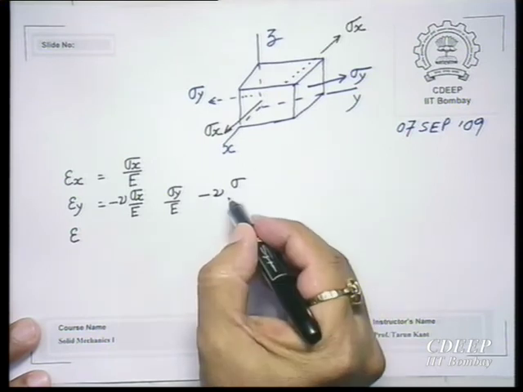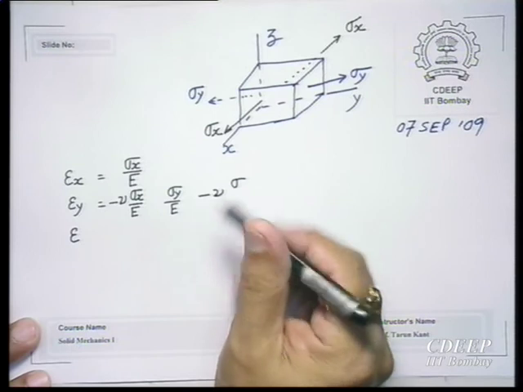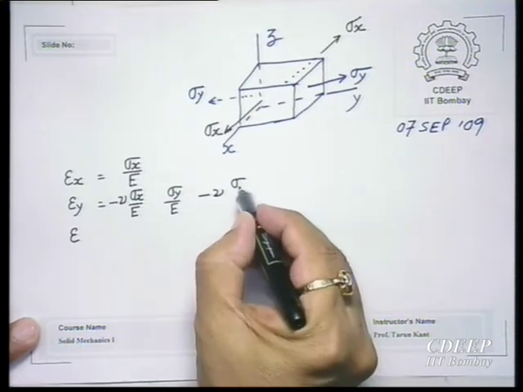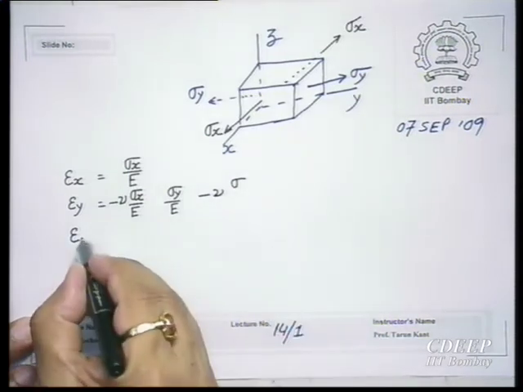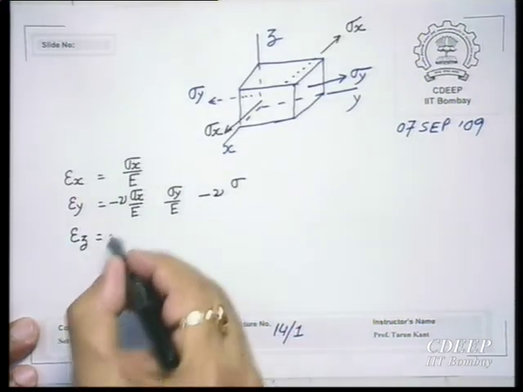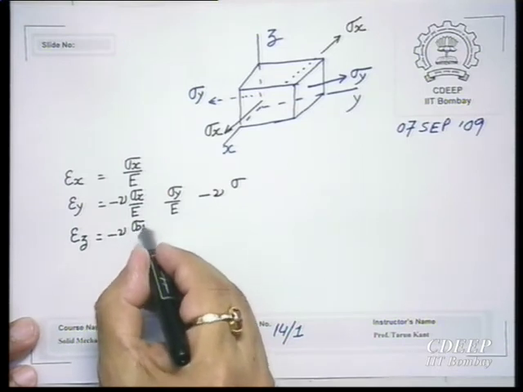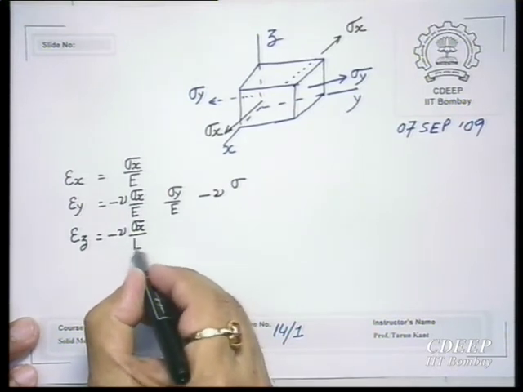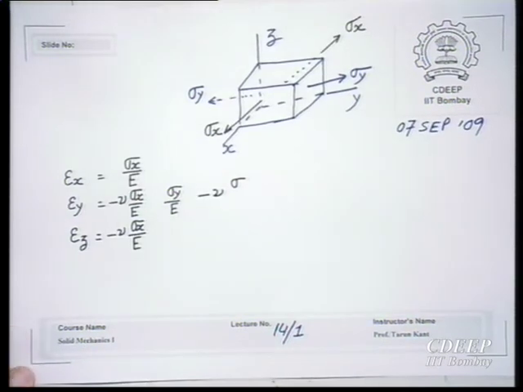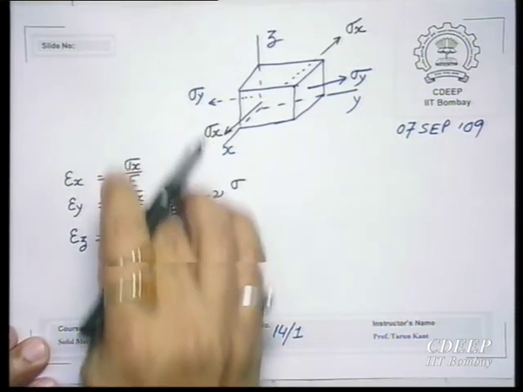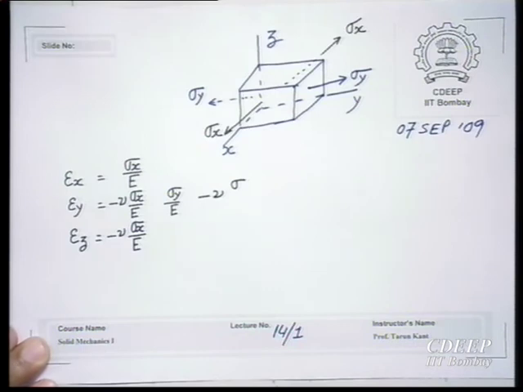And the value will be how much? Sigma z. Where is sigma z? It is here. So, it will be nu times sigma x by E. So these three are because of application of sigma x. This must be kept in mind.